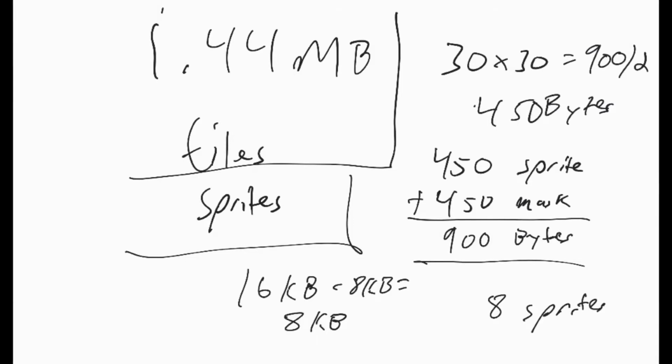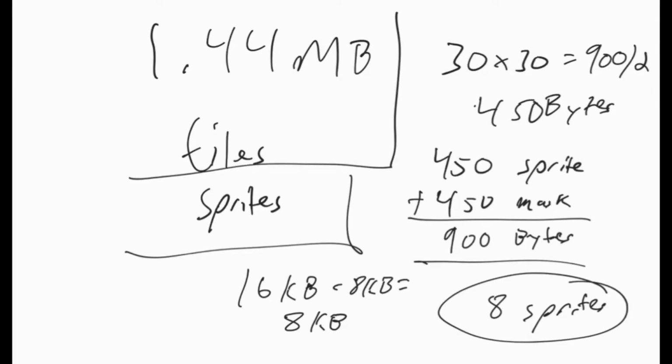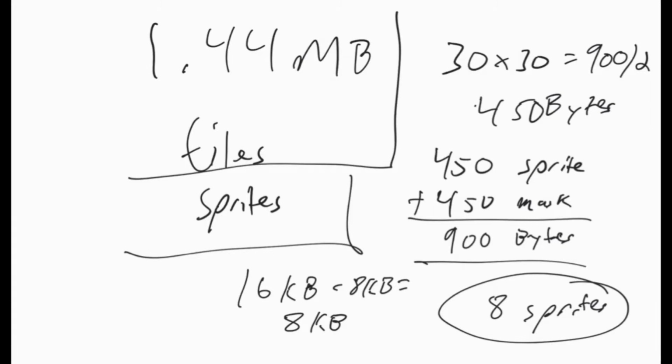Well, to me that's actually plenty, because we're going to have our protagonist sprite, and then we're going to have our enemy sprites, and you probably only need a few of those. So we might even be able to take some of these 8 sprites, not use them, and move that memory over to the tile set, so we have more room for things like building and so forth. So I think the 16 kilobytes is actually doable to have some decent gameplay.